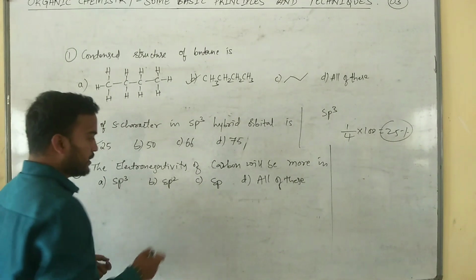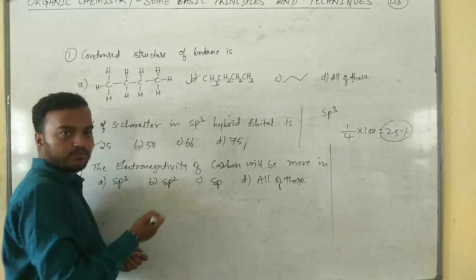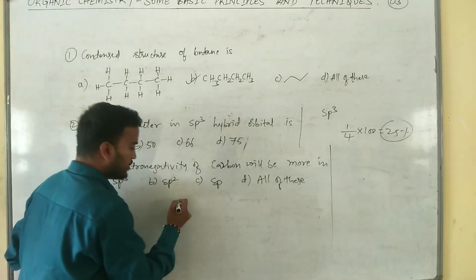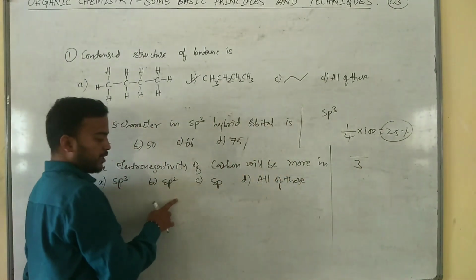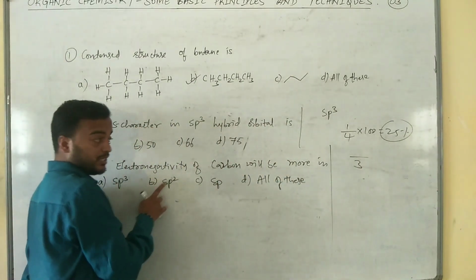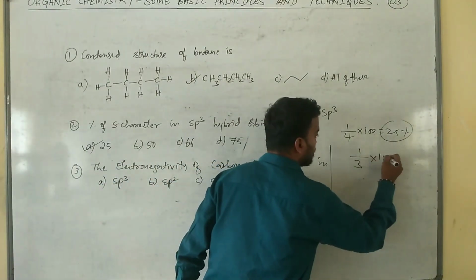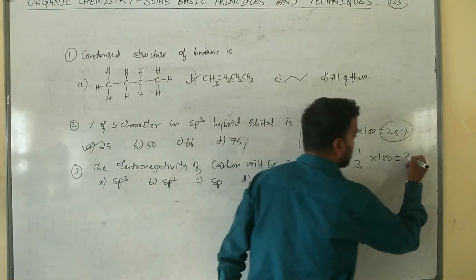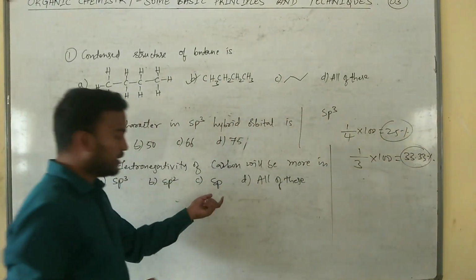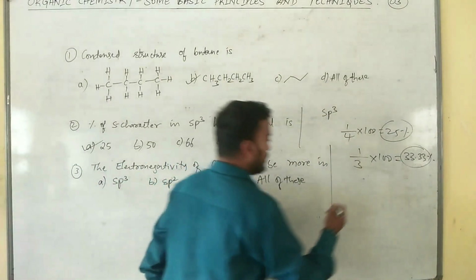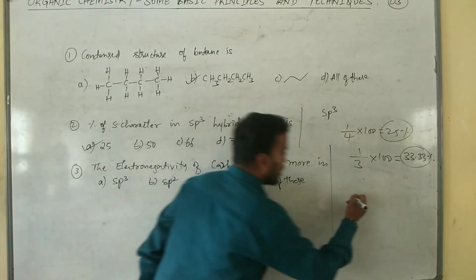To calculate sp2, the total number of hybridized orbitals is 3, but out of 3 hybridized orbitals, the S orbital is only 1, into 100. So we will get 33.33%. But in case of sp hybridized orbital, total we have 2 hybridized orbitals.